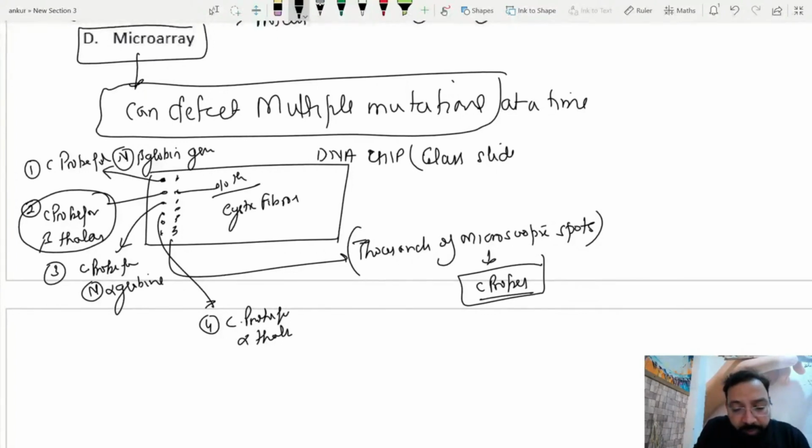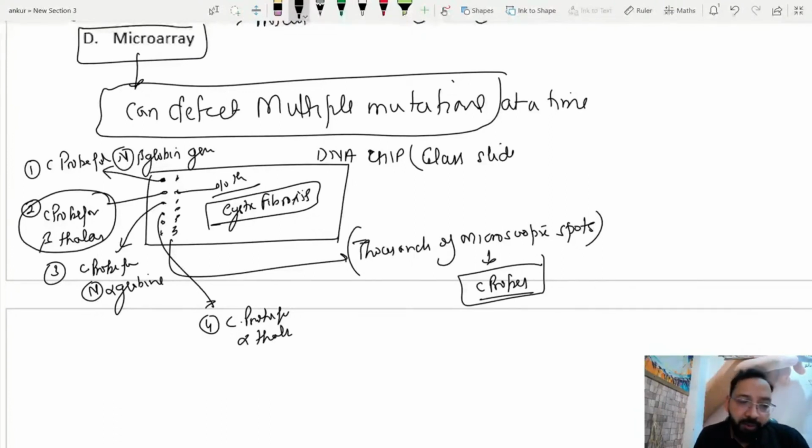I have modified it a little bit to make it simple, but the concept is correct. So I attach a complementary probe for each and every normal or mutated gene. Now I give you a cell and ask you, can you tell me how many mutations are there in this cell, or which genes are normal and which are mutated?